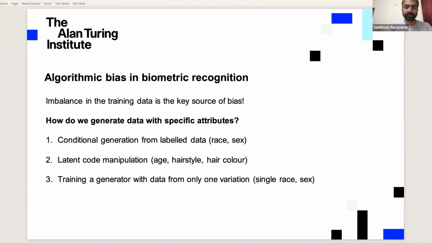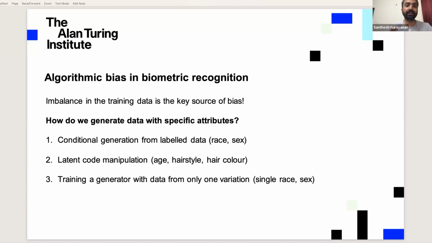For example, it is well published that people of darker skin tones, especially females of darker skin tones, have the highest probability of being misidentified as compared to any other race or sex group in the population. So we need to of course overcome this by creating balanced data sets that can then be used to train all our models on. So how do we do that?